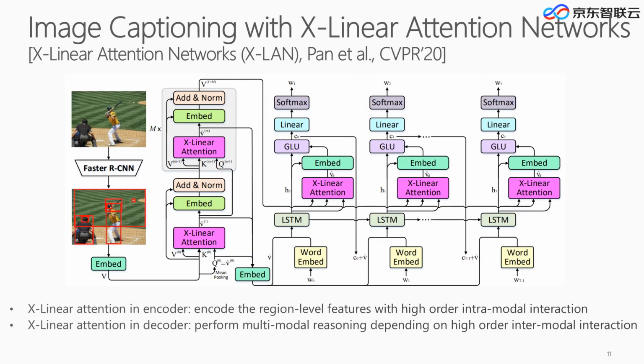Furthermore, we present X-linear attention networks, which can integrate X-linear attention blocks into the image encoder and the sentence decoder of the image captioning model to leverage high-order intra- and inter-modal interactions.